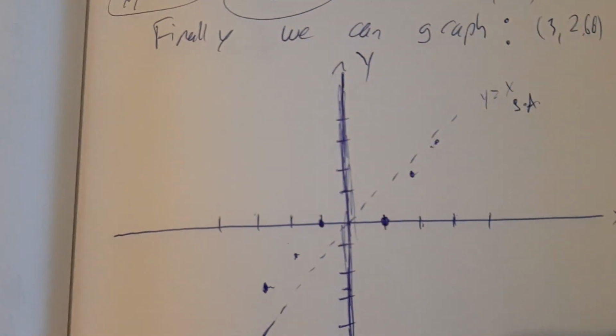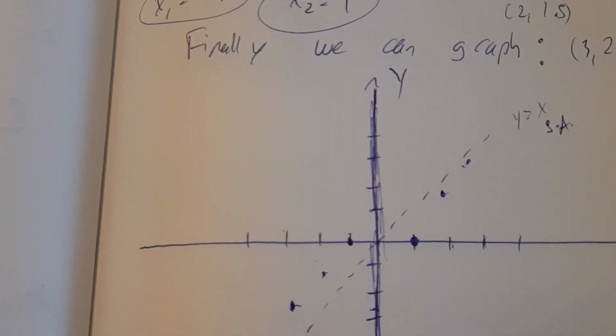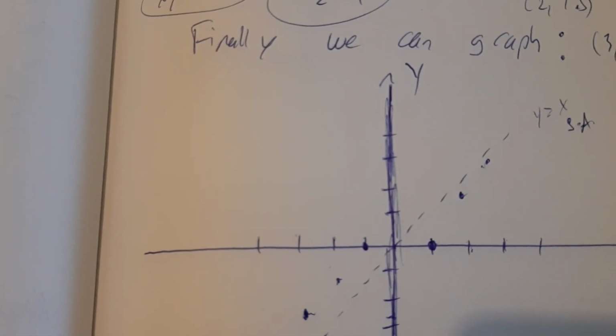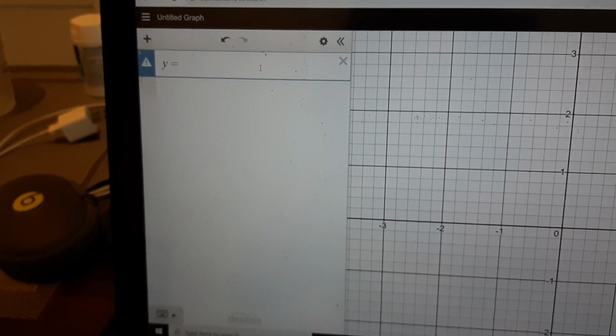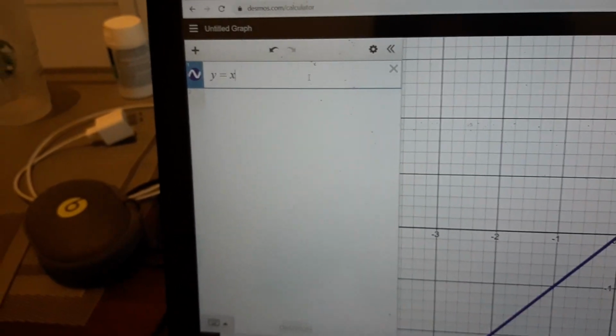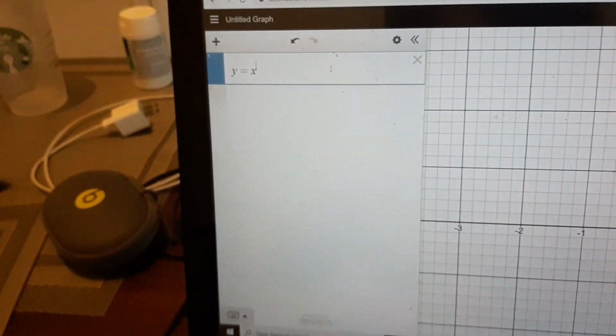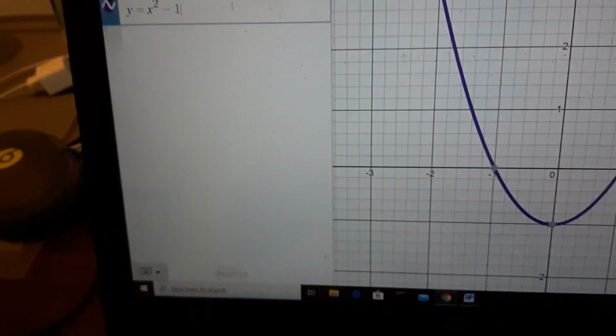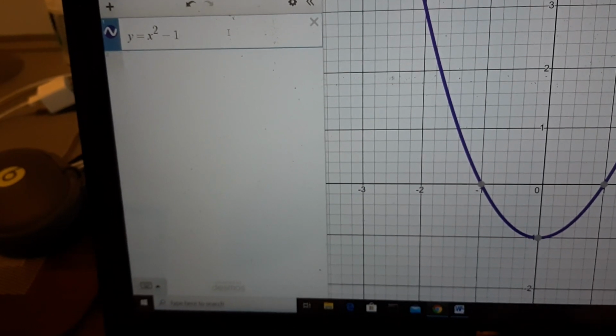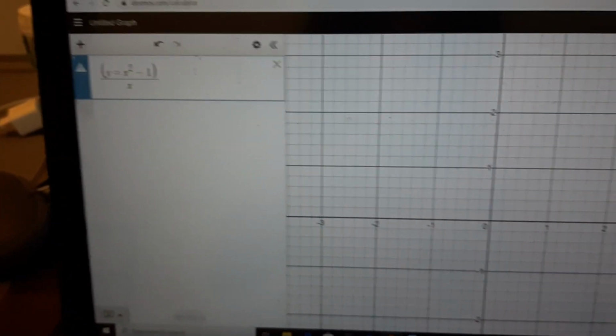All right, let's compare it in our Desmos calculator to see how well we did. It would be y is equal to x squared minus 1, and then all of that divided by x.